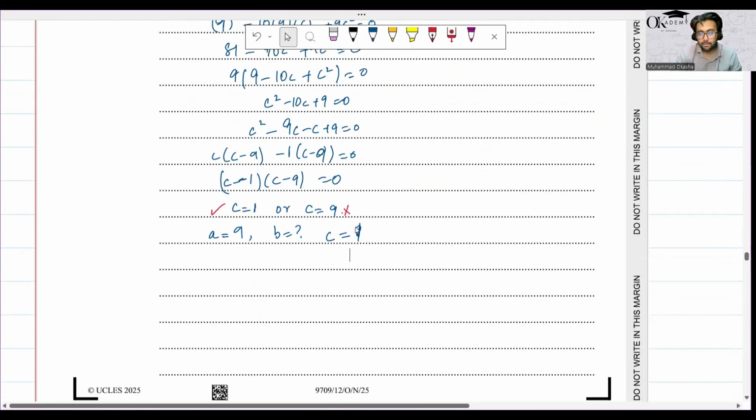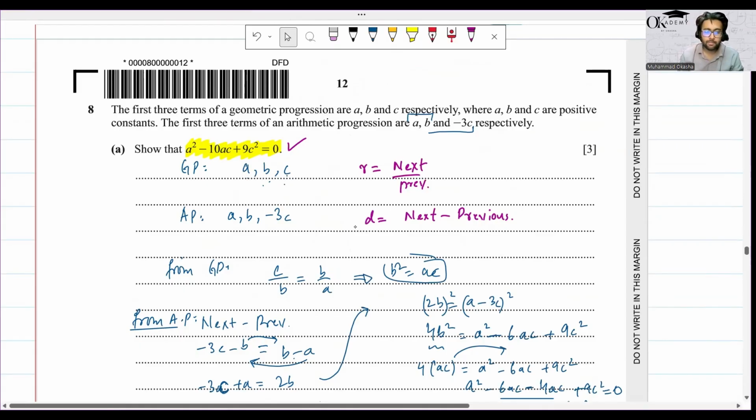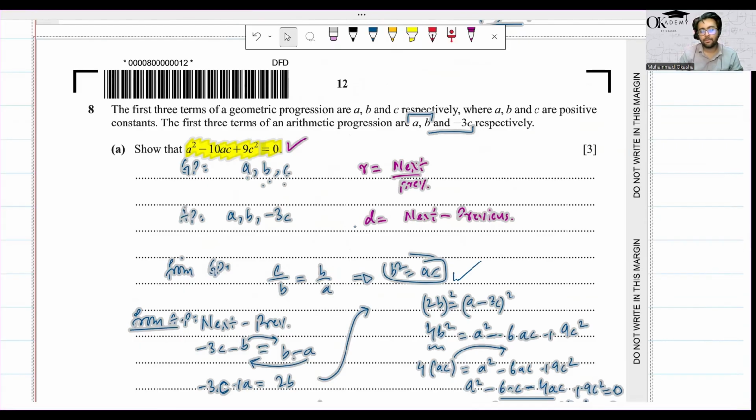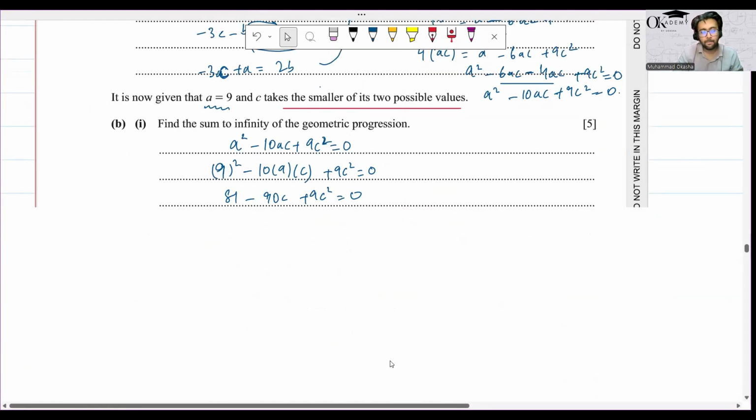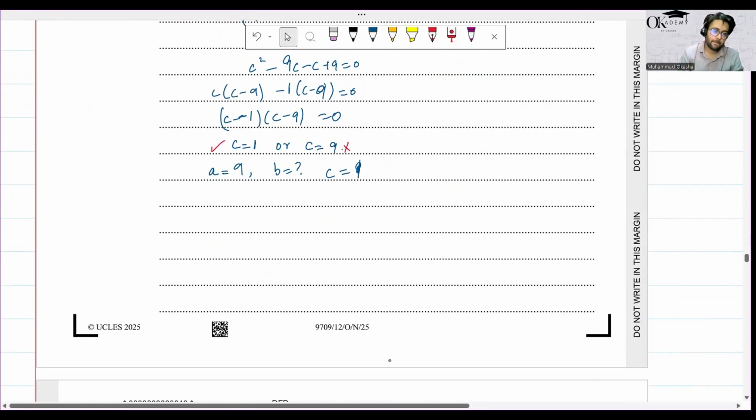We can work out b, can't we? Because b squared equals ac, right? So from here, I can work out the value of b. b squared equals ac. So that is going to be a is 9, c is 1.